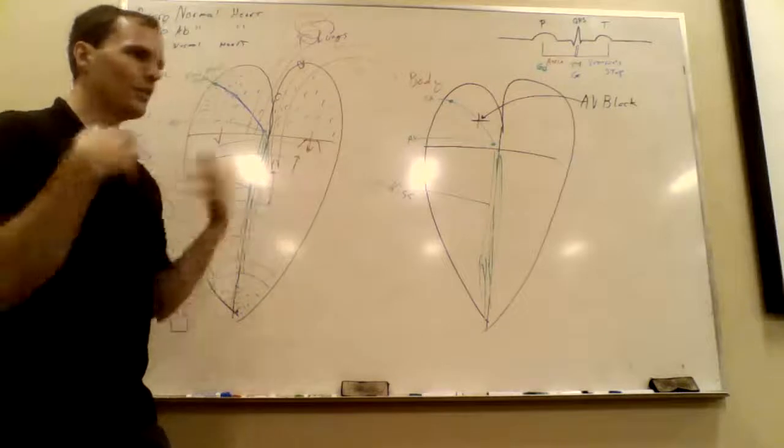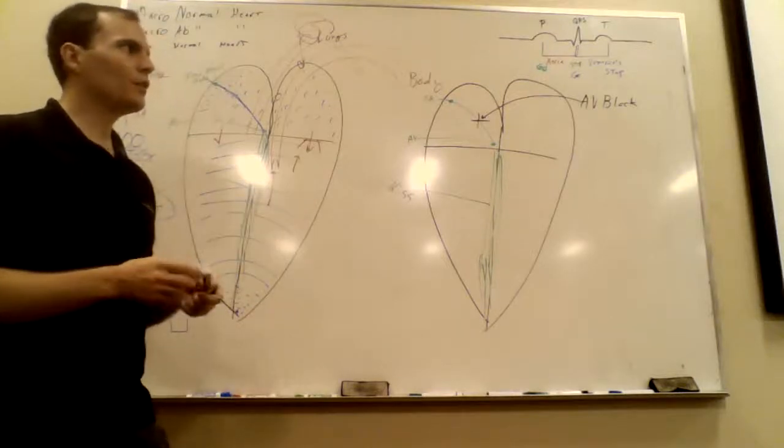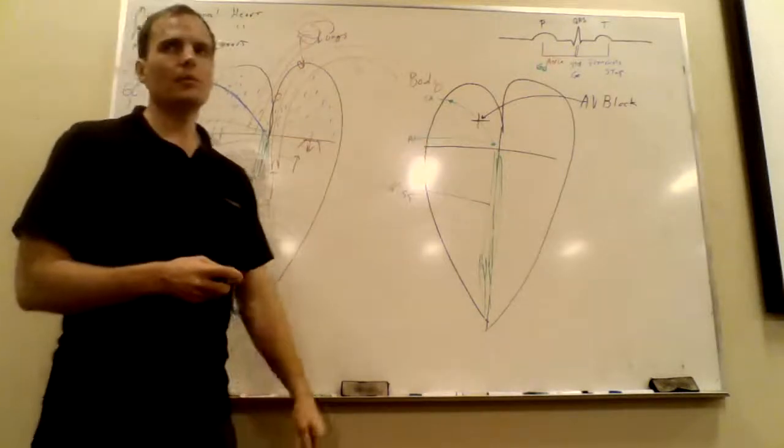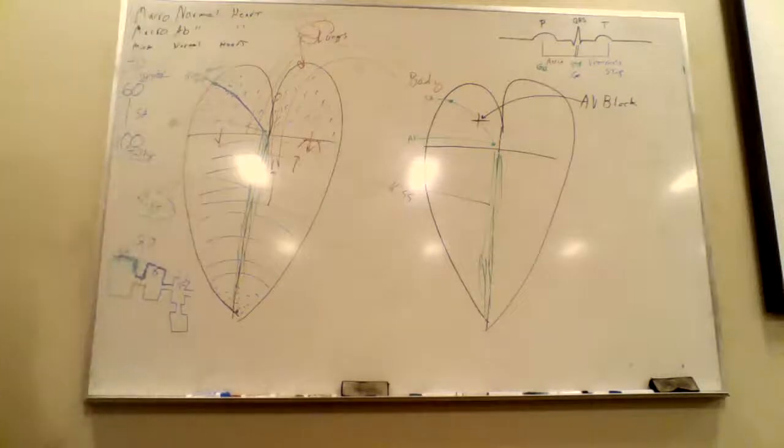I'm not going to ask you to say what it is, but go ahead and see if you can figure out what should happen with that particular issue. A few more seconds and then we'll dive in.